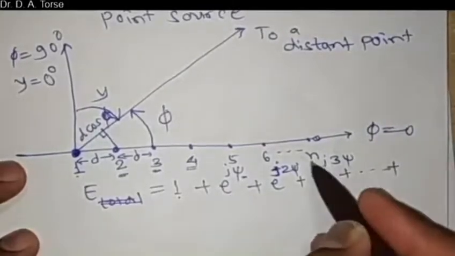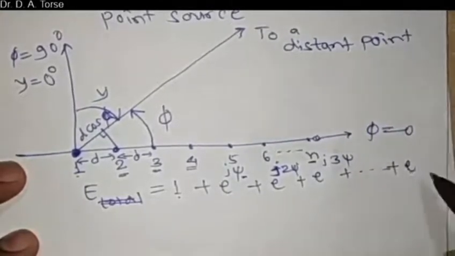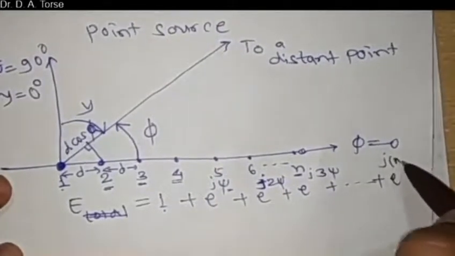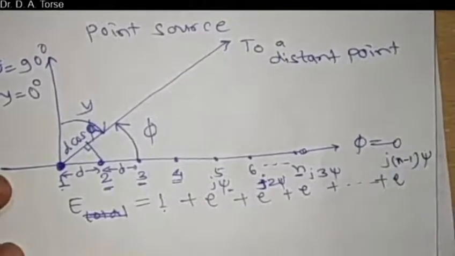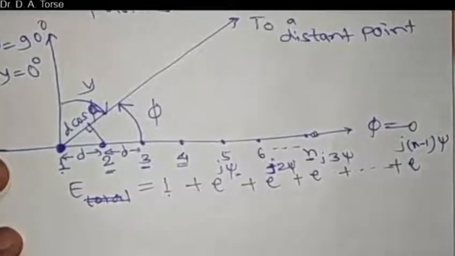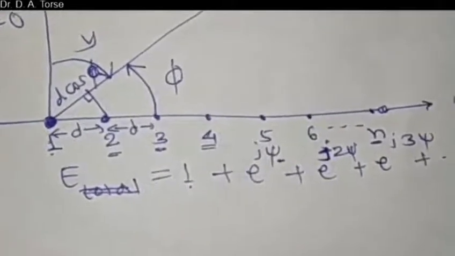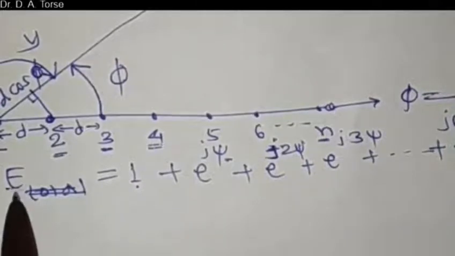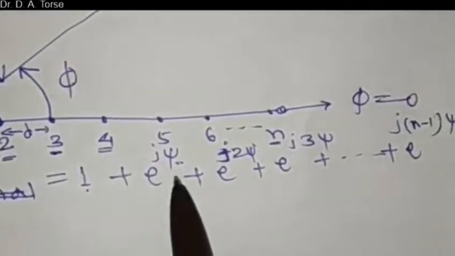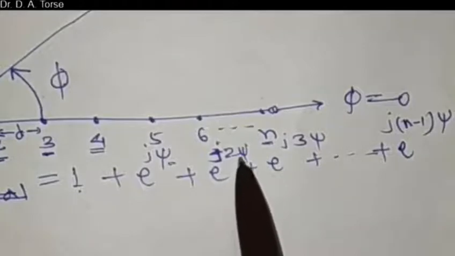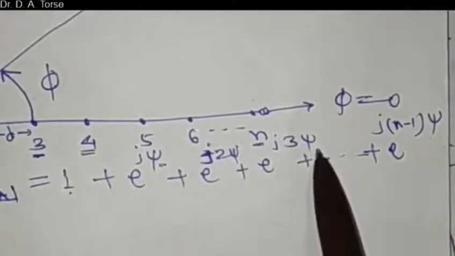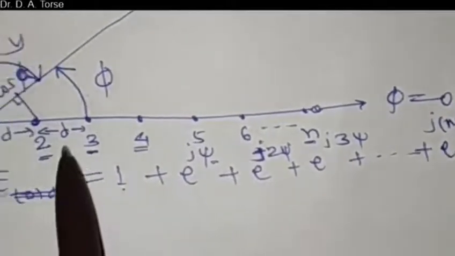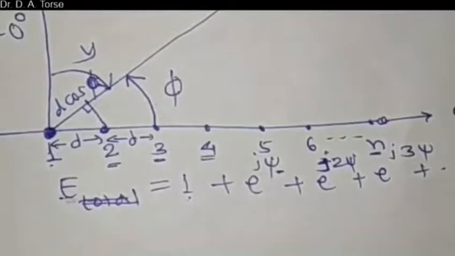It continues till the nth source, e to the power j (n minus 1) psi. So you can see this equation, it is represented as the total electric field radiated. Although we write E, it is 1 plus e to the power j psi plus e to the power j 2 psi plus e to the power j 3 psi, and so on up to e to the power j (n minus 1) psi, because the first element is at the center of the coordinate system.